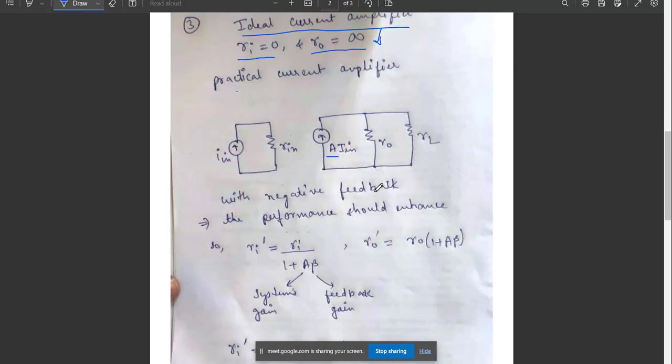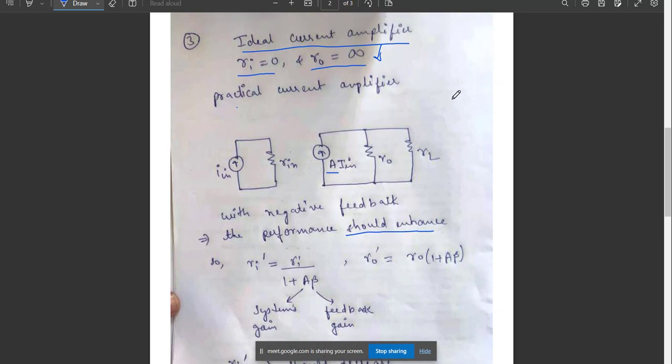We know that with negative feedback the performance should enhance. So how will performance enhance? If with this feedback Ri keeps getting lower and lower, then we'll say that performance is getting better, right?